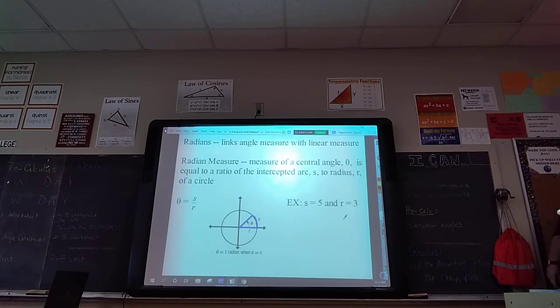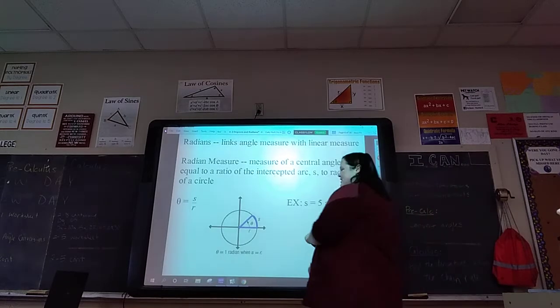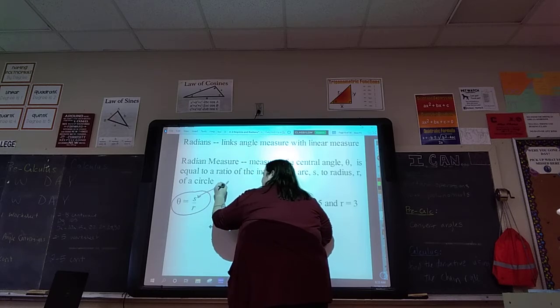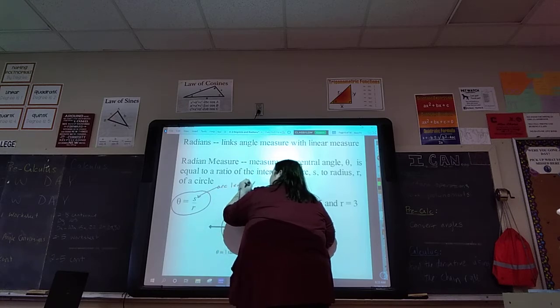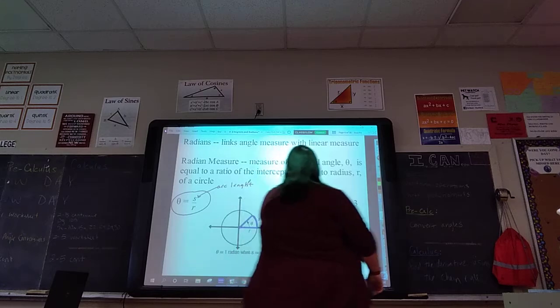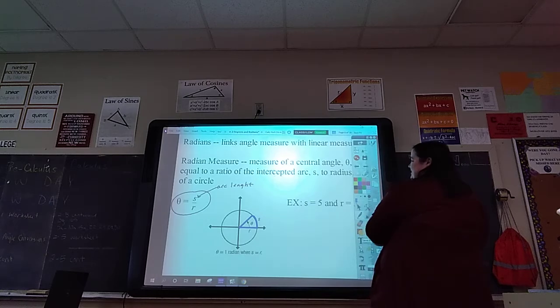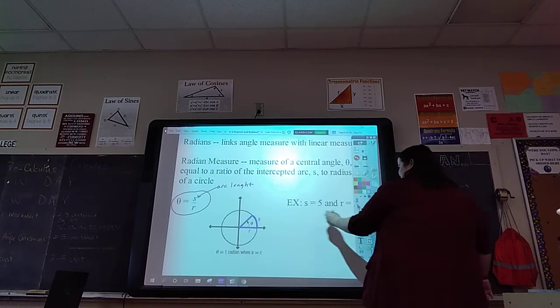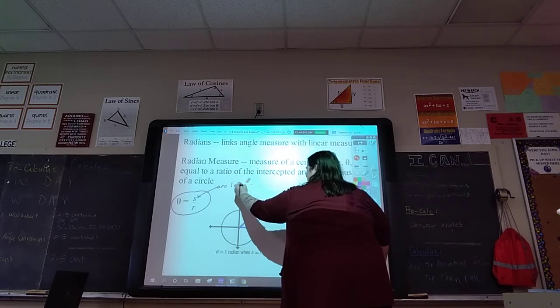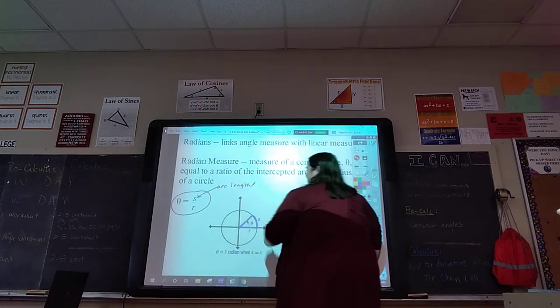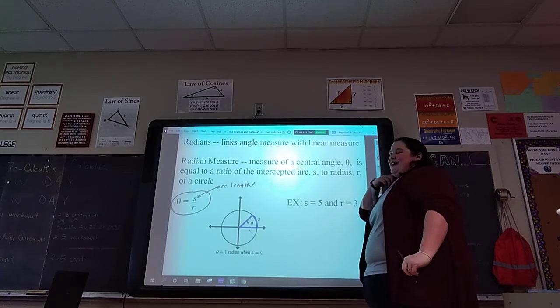Okay, so here is a small example. If I know that, they use this ratio, S is the arc length.